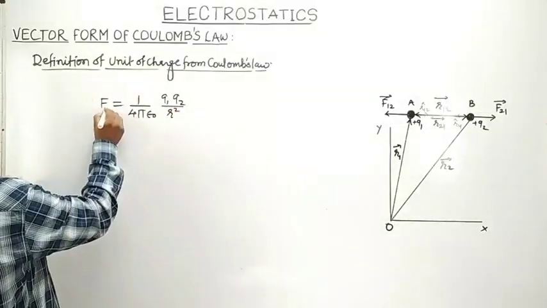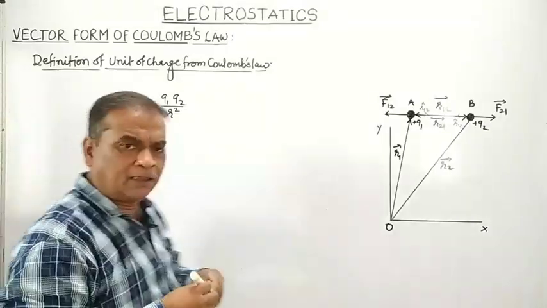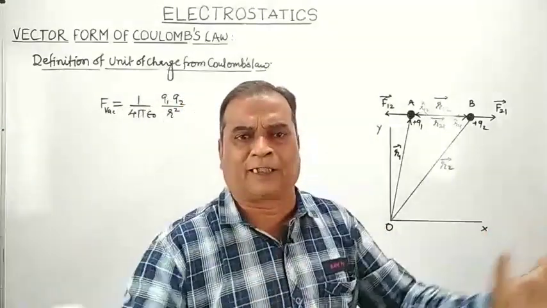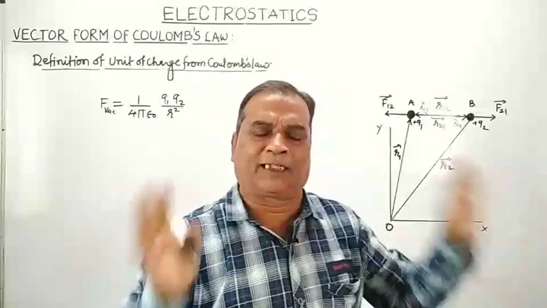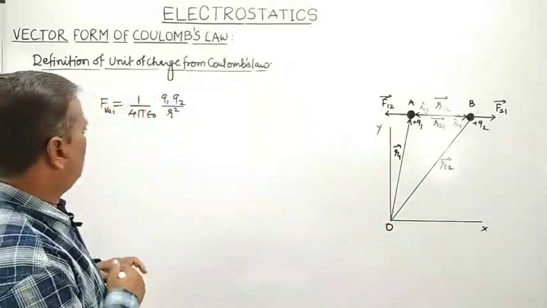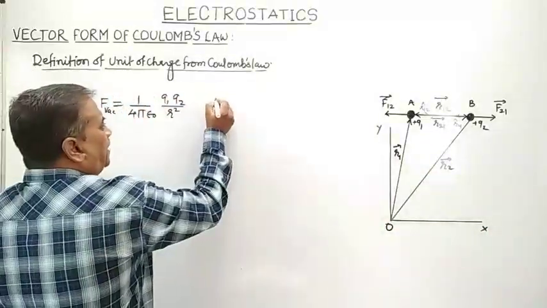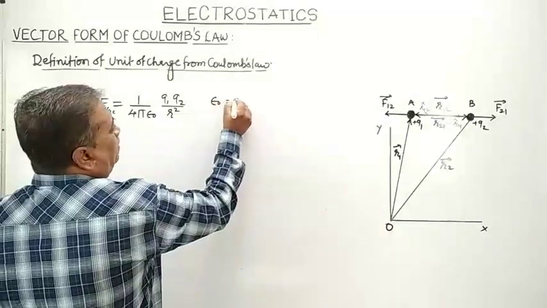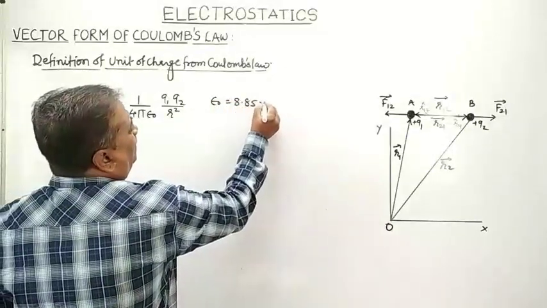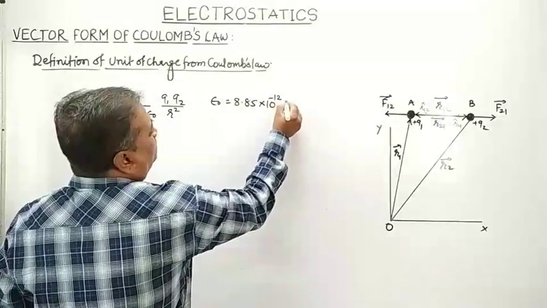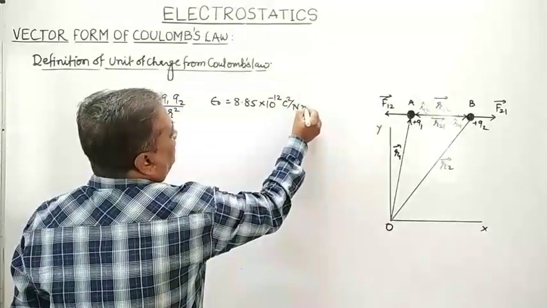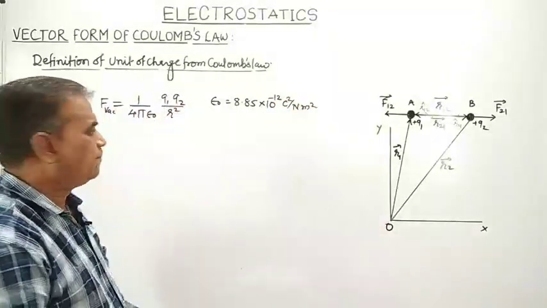And here we can write F vacuum, meaning the force of attraction or repulsion between point charges which are kept in vacuum. We know very well that the permittivity of free space epsilon 0 is 8.85 into 10 to the power minus 12 coulomb square per newton meter square.